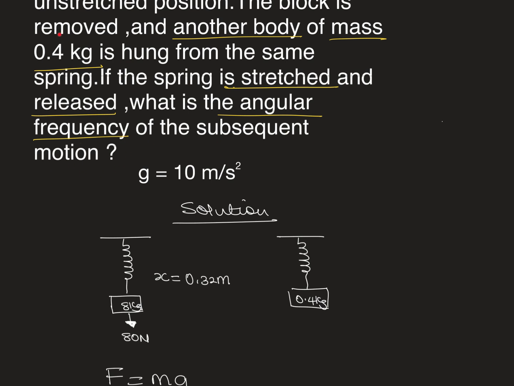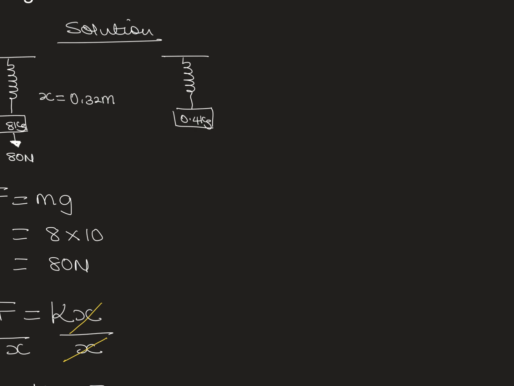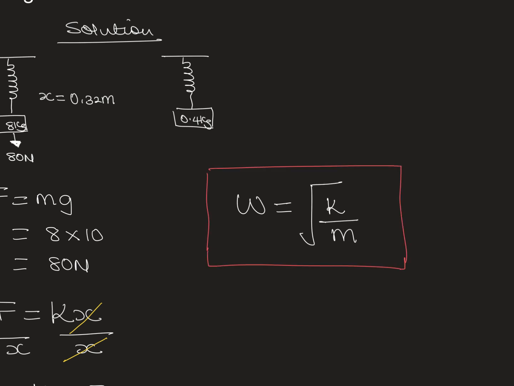That is when you attach the 0.4 kilogram mass to the spring. The formula for angular frequency, omega, is equal to the square root of the spring constant, or force constant, divided by the mass. This is the formula that you should always remember when you are dealing with a spring mass system.